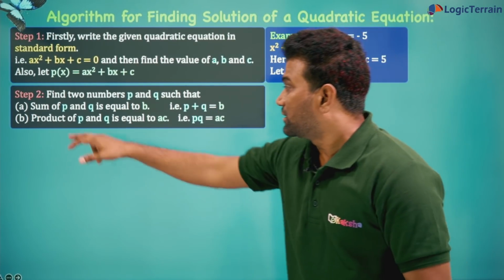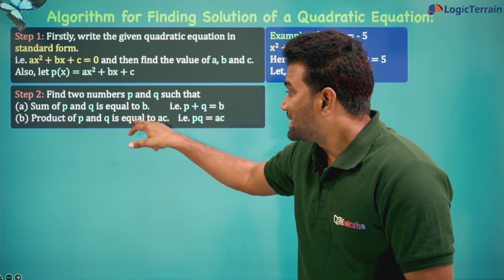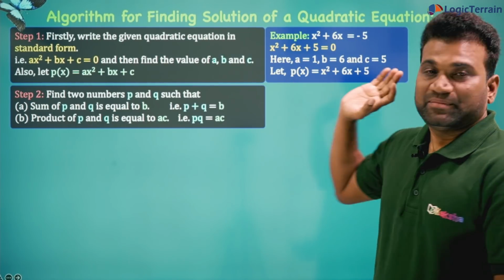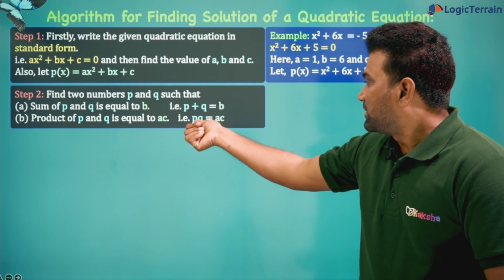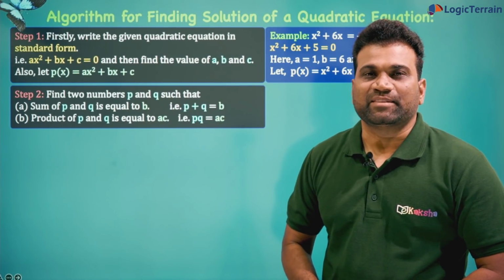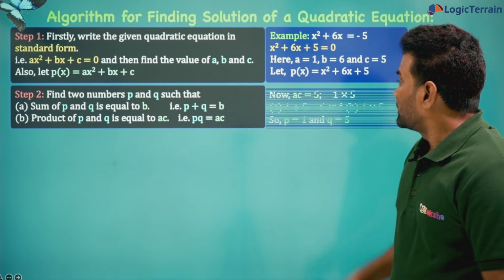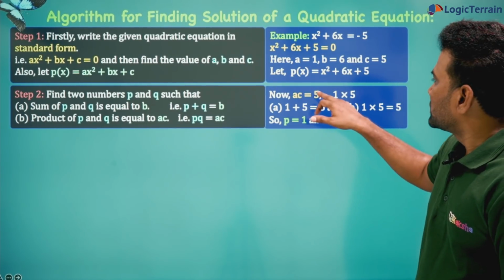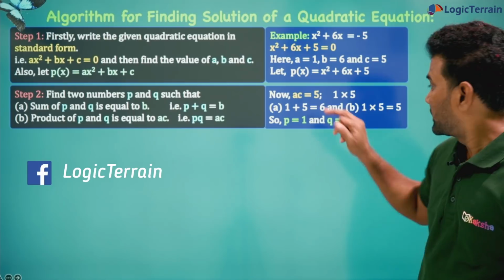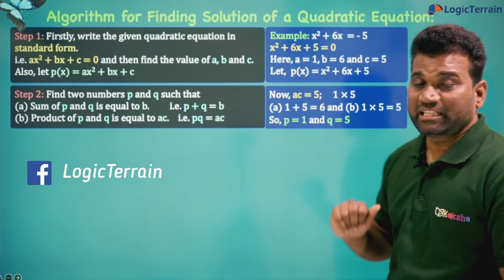And the second condition, the product of p and q is equal to ac, the product of a and c, that is p times q is equal to a times c. So in this example, what is a into c? 1 times 5, that is 5.